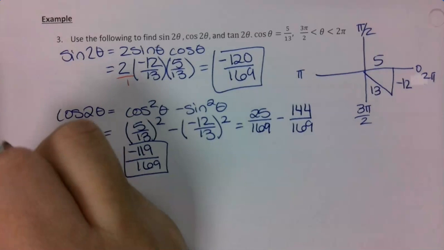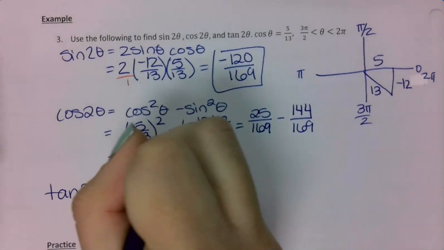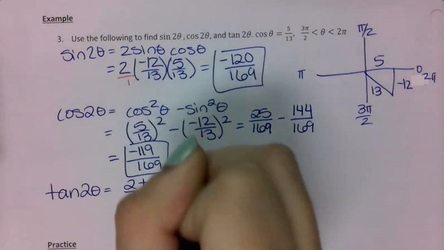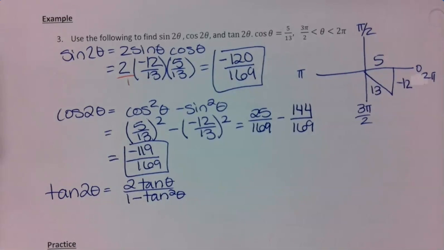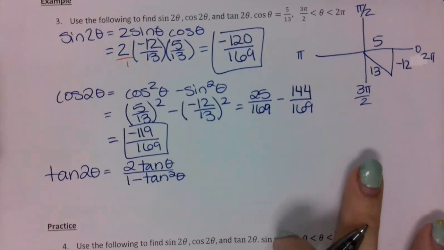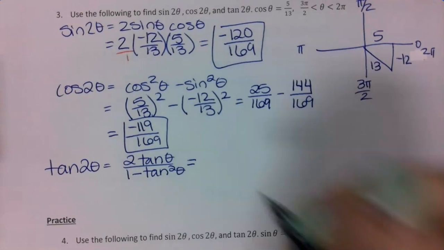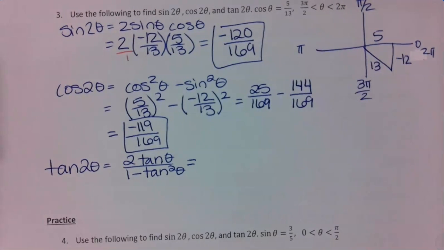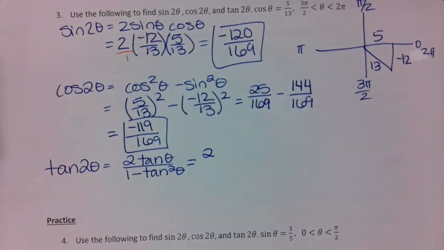Okay, so for tangent, this is 2 tangent theta over 1 minus tangent squared theta. So I want to go ahead and plug into this. What is tangent of theta?